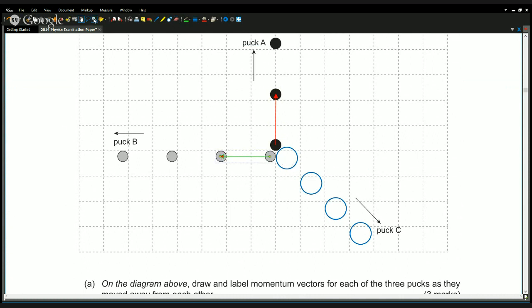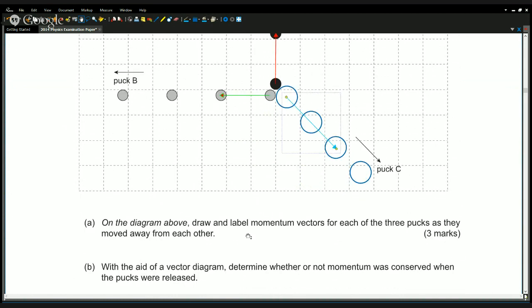And then one more. Okay, baby blue. Then this one is going to go not just the adjacent one, but down to there. So you do that with your ruler and pencil. Now I didn't do too bad a job with that. So that's the 3 marks for that one.